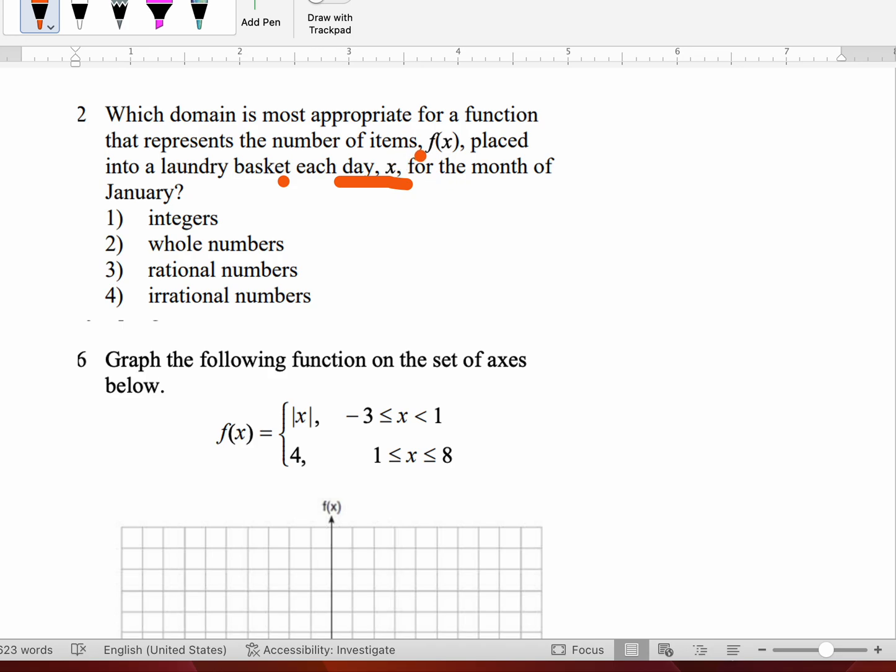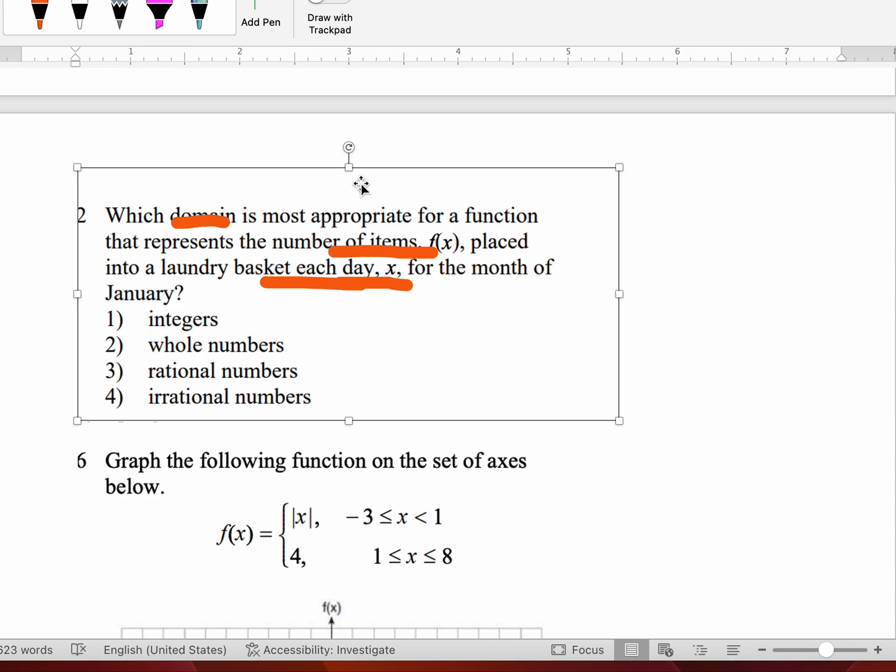So f of x, and we want the domain. The number of items is f of x, so that's the output, placed in a laundry basket each day x for the month of January.